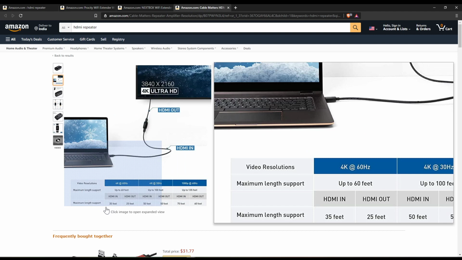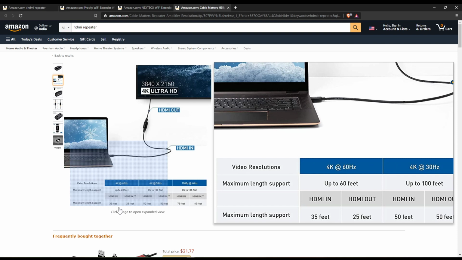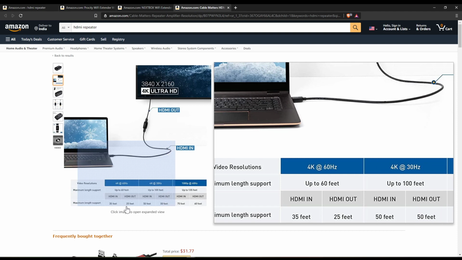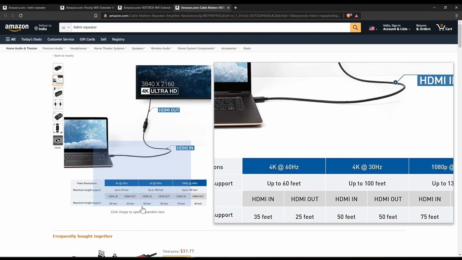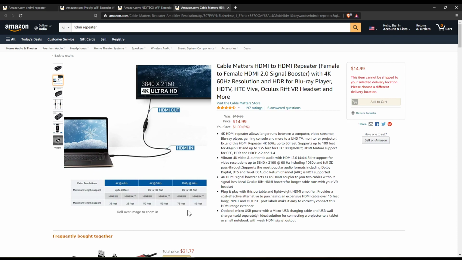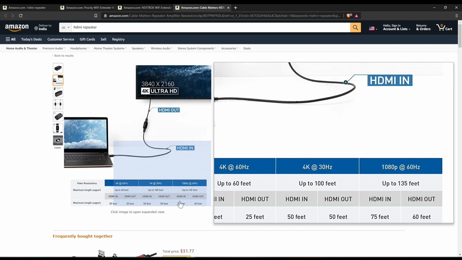You see there are specifications, maximum length supported. Here you see maximum HDMI 35 feet, 25 feet. They have given a resolution and a frequency.